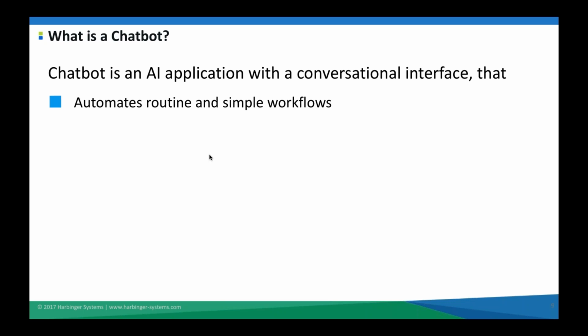And I'm assuming the conversational part is pretty clear. But what this application does is it will automate some routine and simple workflows. So some of the workflows that you're doing through a mobile app or the web app, which are routine and which people keep doing, those will be automated or enabled through the conversational interface.